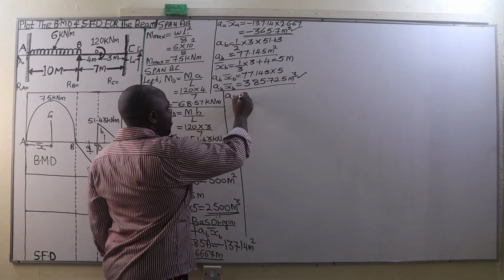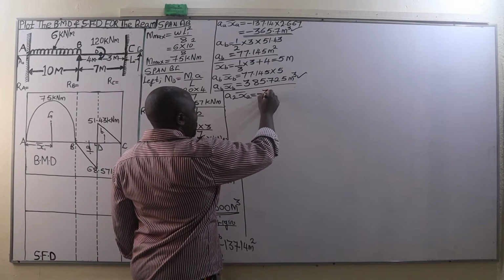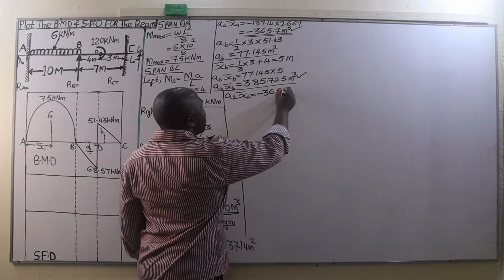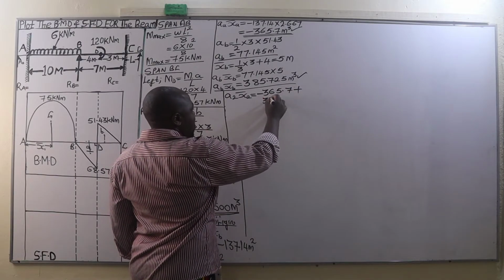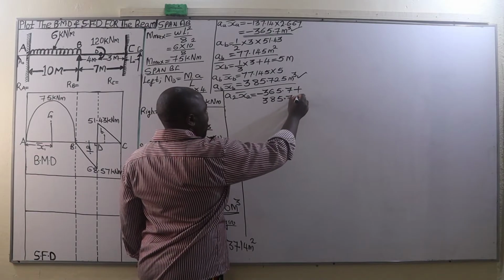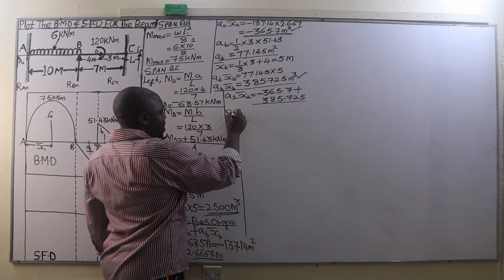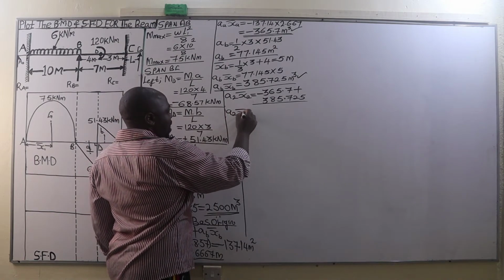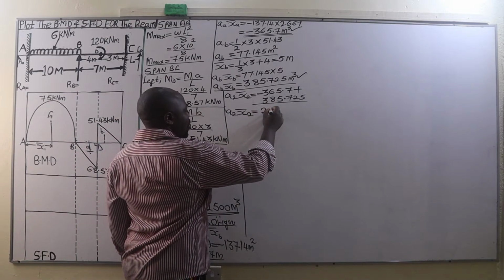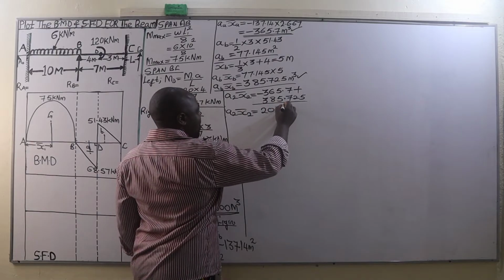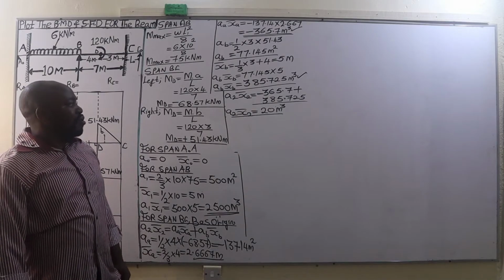A2 bar X2 will be given by negative 365.7 plus 385.725, which in this case is going to give us 20 meters raised to the power of 3. So that is the value of A2 bar X2.